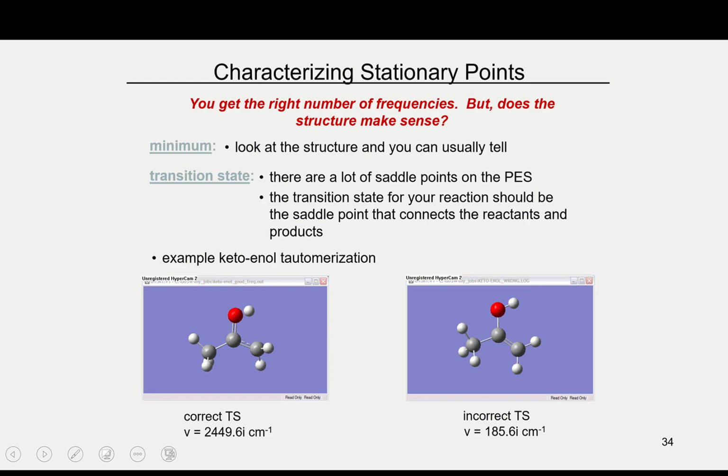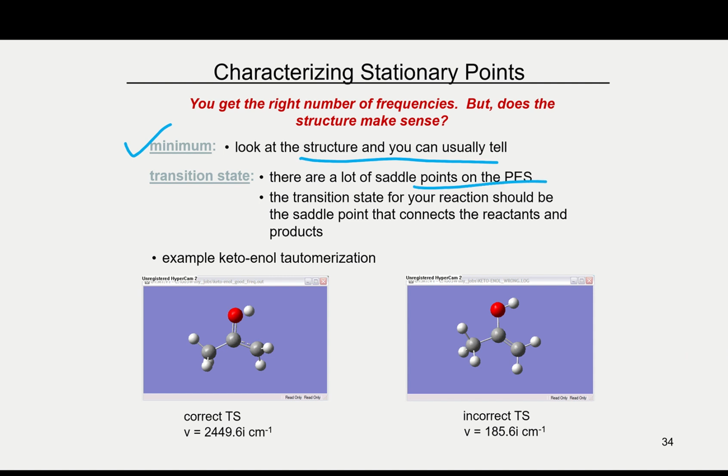Now, characterizing the stationary point: you get the right number of frequencies, but does the structure make sense? You got exactly the right number of frequencies, but do you know that the structure makes sense? For a minimum, you look at the structure and you can usually tell. For a transition state, there are a lot of saddle points on the PES, not one.